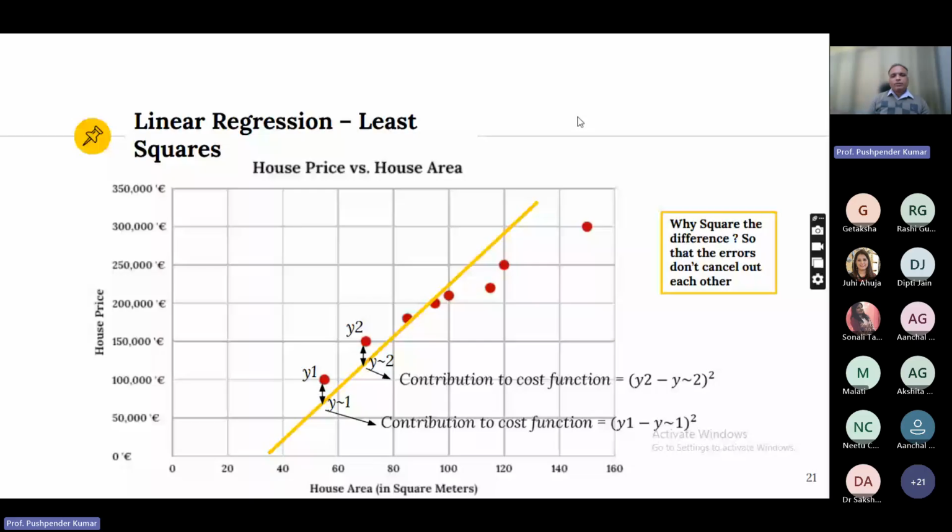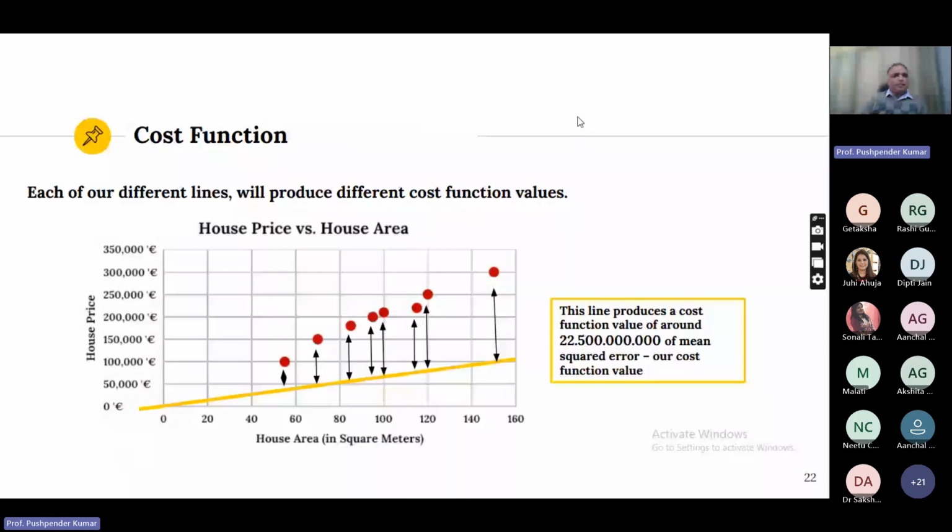Now here you see everybody, we square the difference so that the errors don't cancel out each other. If I go more above and below, they will cancel each other, so we go for the square of that. Similarly, each of our different lines will produce different cost functions. So this is another example of cost function.